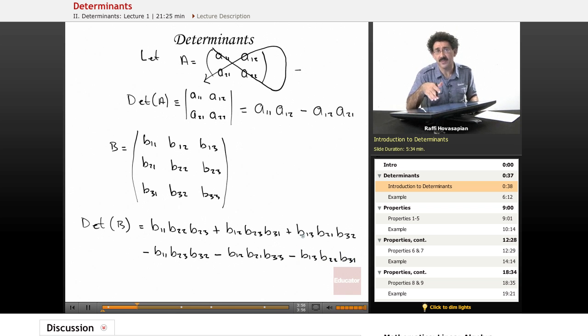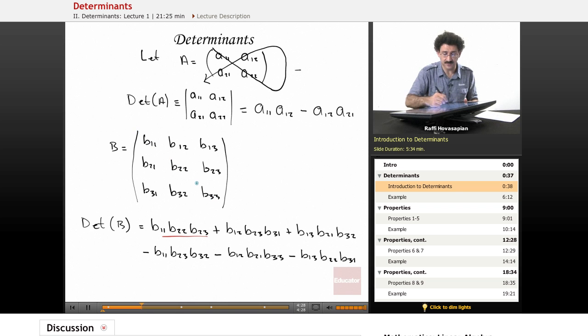There are different ways to think about this, and I know that many of you have, of course, seen determinants before, back in high school and perhaps in other areas of mathematics, perhaps in some college courses in calculus or something like that. Here is the general pattern. Notice we have some that are plus, plus, plus, and some that are minus, minus, minus. This first one is B11, B22, B33.